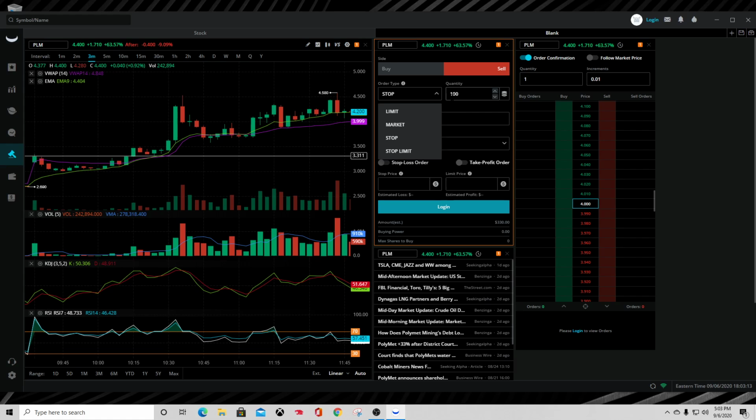So with the trailing stop, you're in your position, let's say at 345, and you can choose whether you want a percentage trailing stop or a dollar amount trailing stop. In the Webull app, it has a little dollar sign and a little percentage sign that you can click on to change it to whichever one you want. Let's say you're using a percentage.